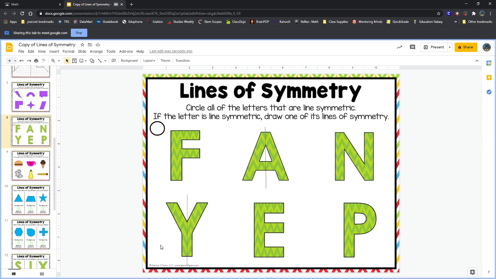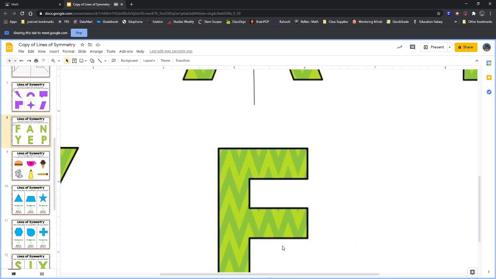What about the letter E? Does the letter E have a line of symmetry? Is there any place on the letter E where I could draw a line and I would have two sides, same size and the same shape? Kylie? If I take the line and I put it side to side. Now with the E, I do have to be a little bit careful, and I'm going to show you why.